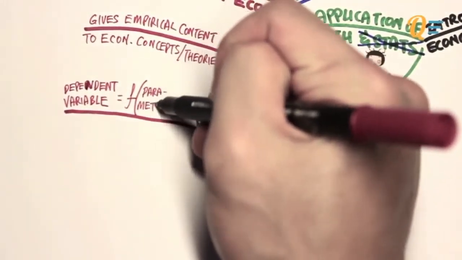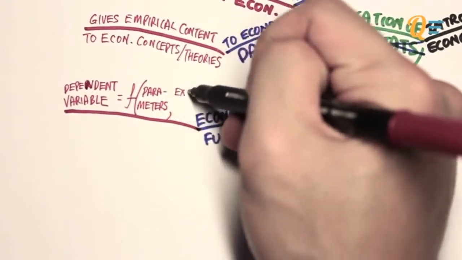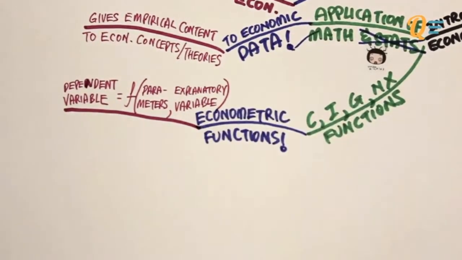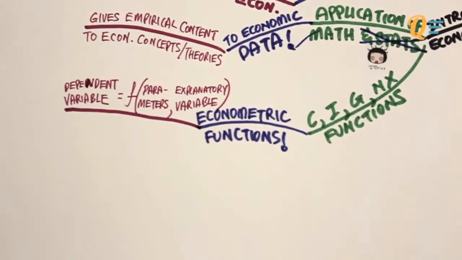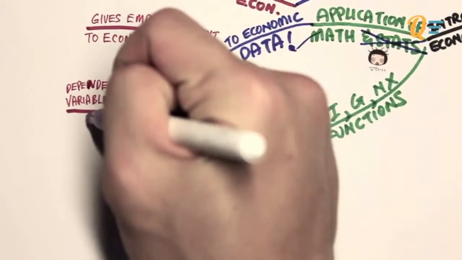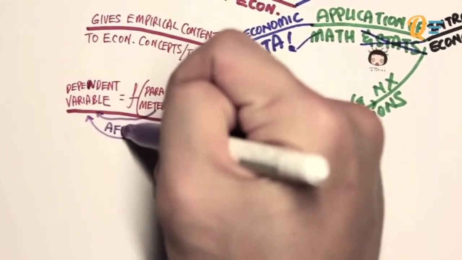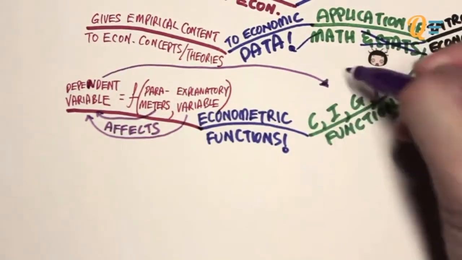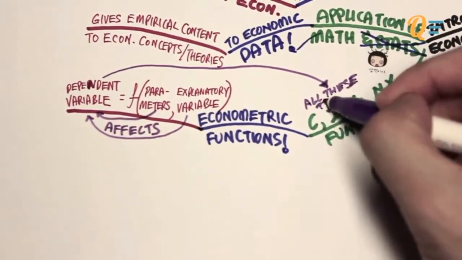It's called the dependent variable because the value of this variable depends on things like your parameters as well as explanatory variables. So in simple summary, the explanatory variables and the parameters are the ones that affect the dependent variable. Therefore, your dependent variable is a function of the two things that you see on the right hand side.